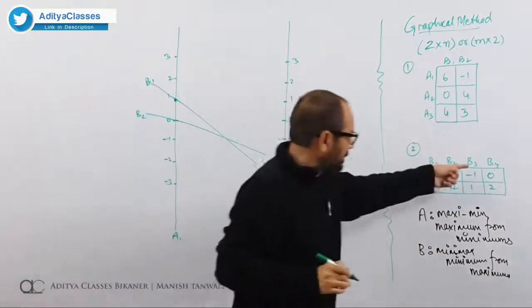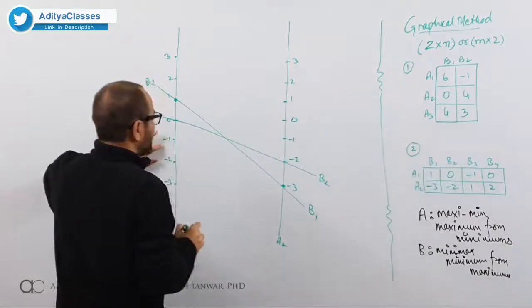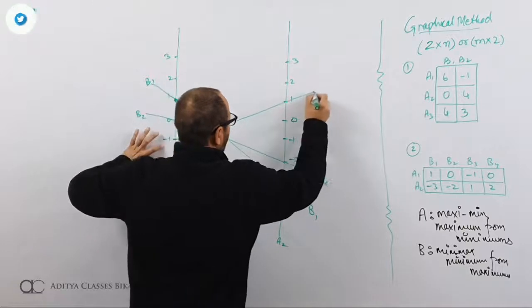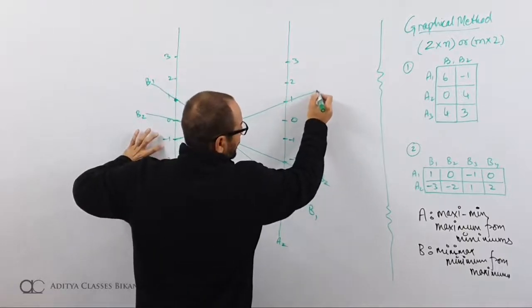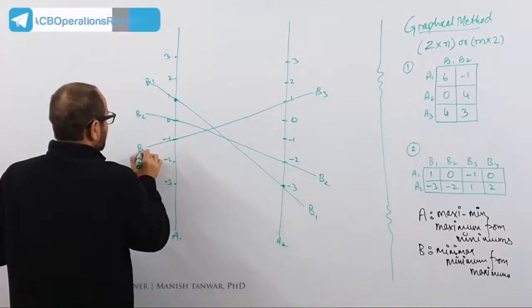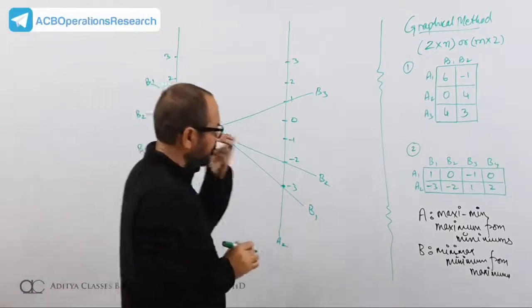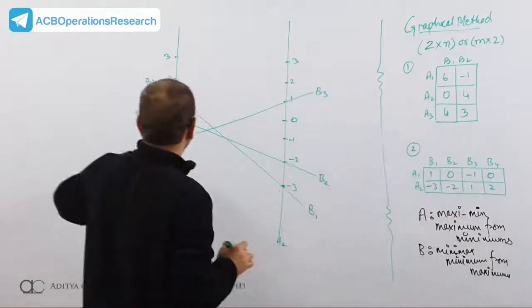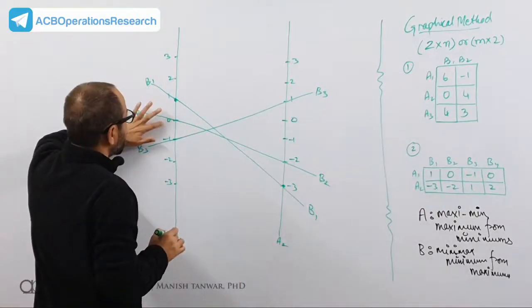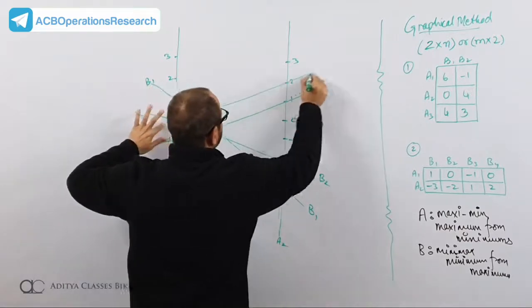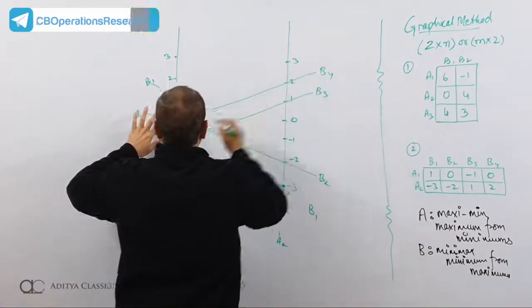Then we have -1 and 1, which is B3. Then B4, 0 and 2. This is B4.